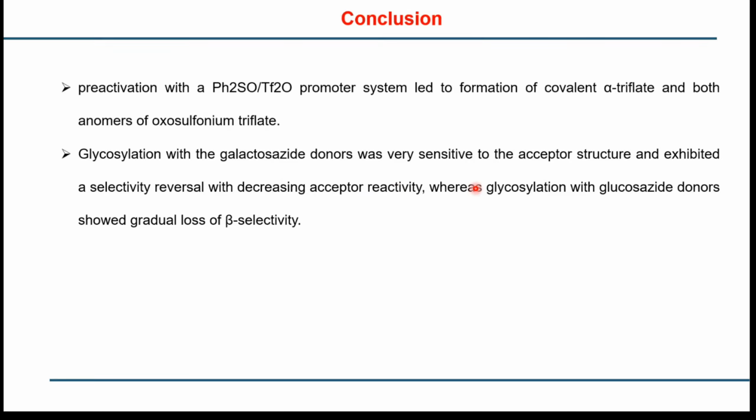In case of glucose as a donor, there is a loss of the beta selectivity because of the activation of the intermediate that is going through the half-boat conformation.